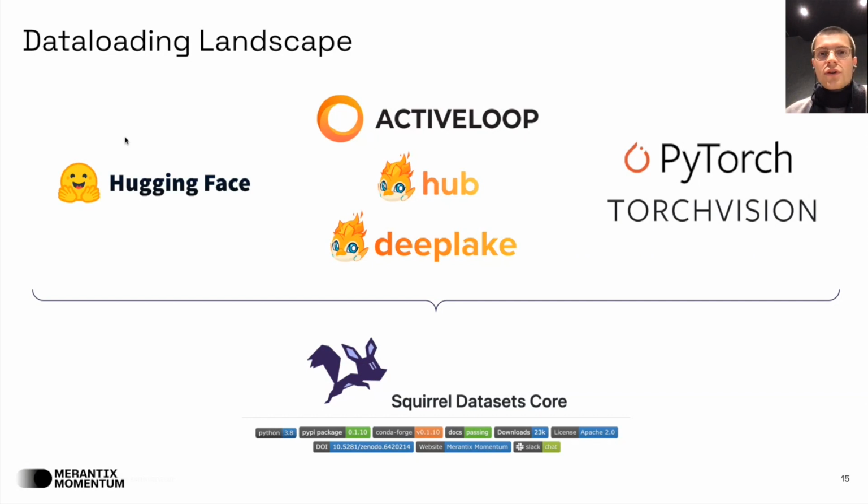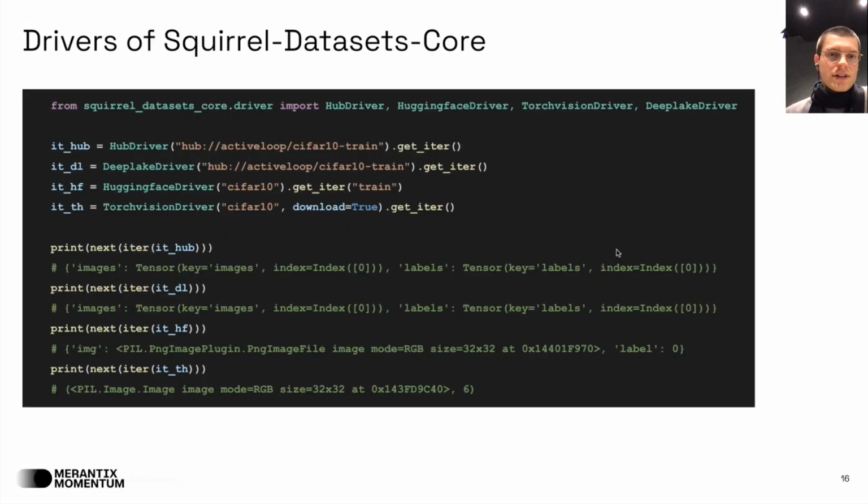And then, of course, all of these three different platforms come with their own data loaders. However, we've written wrappers around them, so you can easily access any dataset on Hugging Face, any dataset on Activeloop Hub or Deep Lake, and any dataset on TorchVision with a single line of code. And the great thing here is that you don't really need to get used to the API of the individual framework, but Squirrel does the work for you.